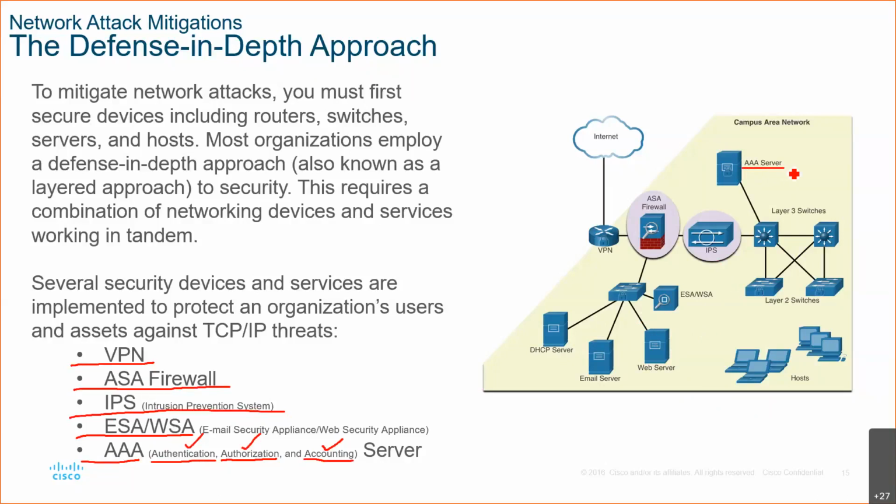They have their layer 2 switches connected to layer 3 switches and so on. When you do your CCNA 2 and 3, you will learn more about this. At this juncture, you should have some awareness.